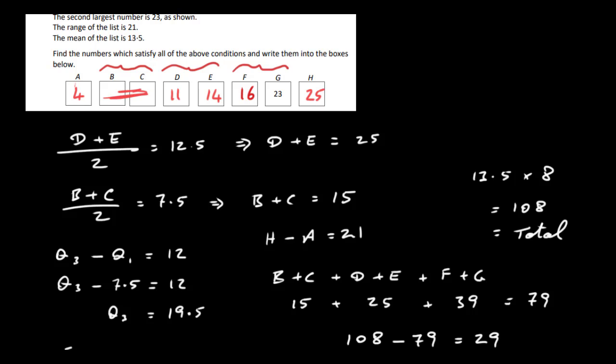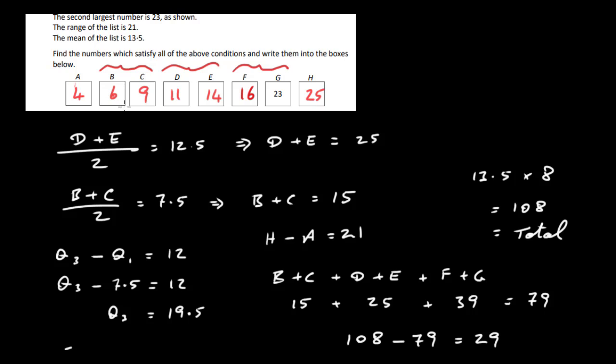Okay, let's look at these two now, B and C. We know that B and C give us 15. So let's look at numbers that give us 15. Well, we have 7 and 8. But 7 and 8 are not 2 apart, so that's not going to work. So let's look at 6 and 9.